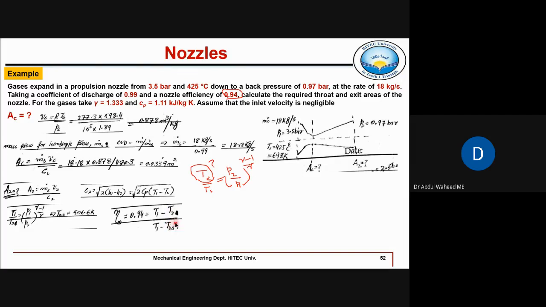So first we shall find out T2s using the isentropic equation, where this T2 is actually T2s.